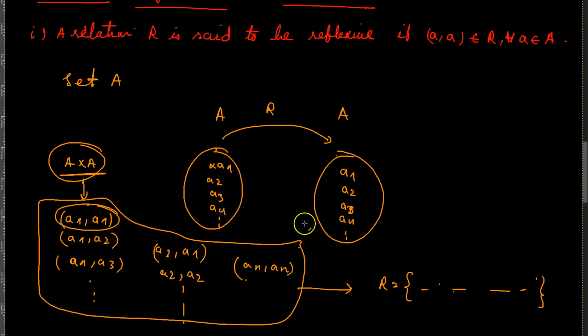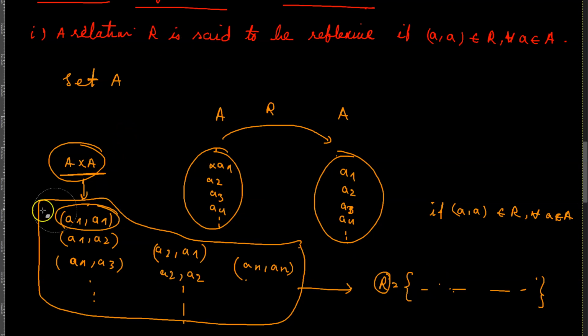In this set R, if (a, a) belongs to R for every a belonging to A, meaning that each and every one of these ordered pairs in which the first element was equal to the second element, we have taken all of those elements from this set and put them in here, then that relation R is called reflexive, right?